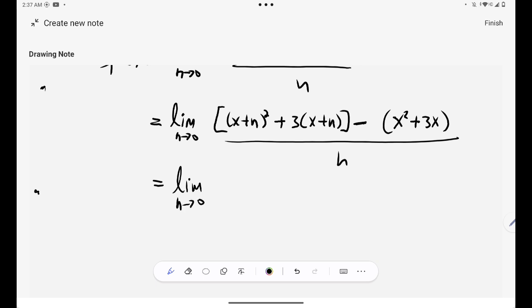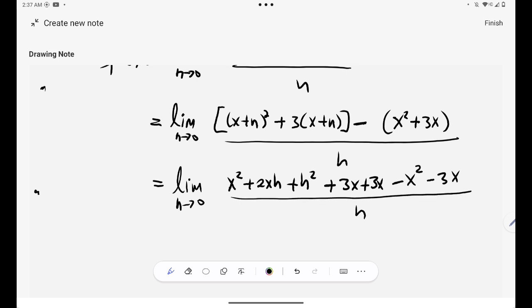Okay, and then whenever I remove the brackets on top, I will have x squared plus 2xh, and I'll have h squared. The second bracket will give me 3x plus 3h. Are you together? And remember that I'm subtracting f of x here. I'll have negative x squared minus 3x.